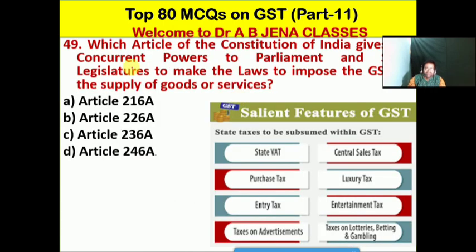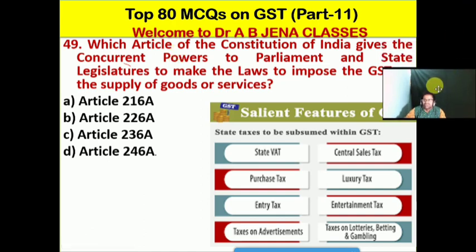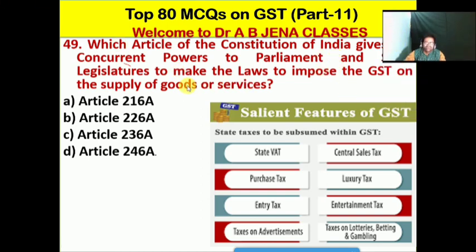Next one we will see: which article of the Constitution of India gives the concurrent power to Parliament and state legislature to make laws to impose GST on supply of goods and services? Whether A Article 216A, B Article 226A, C Article 236A, D Article 246A.